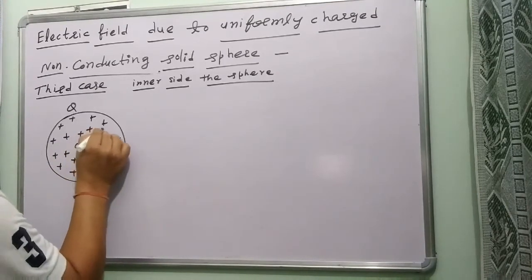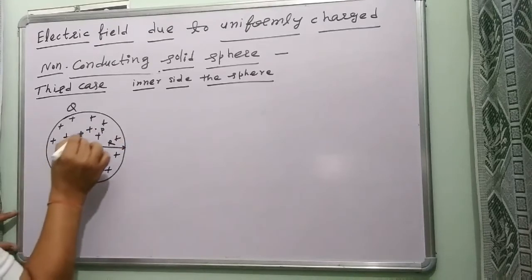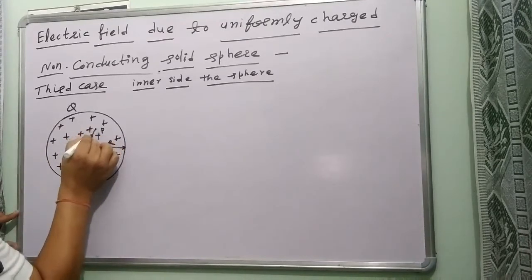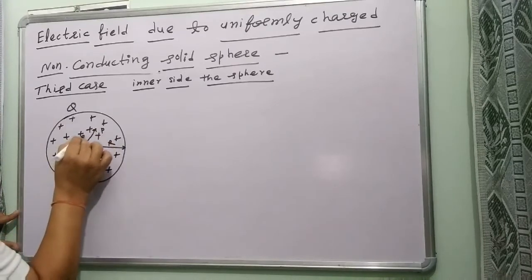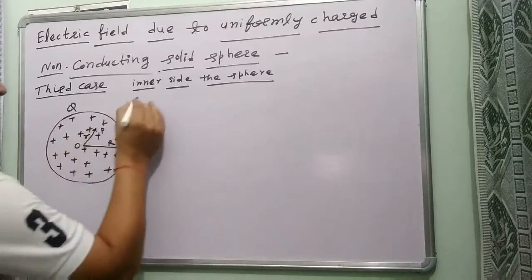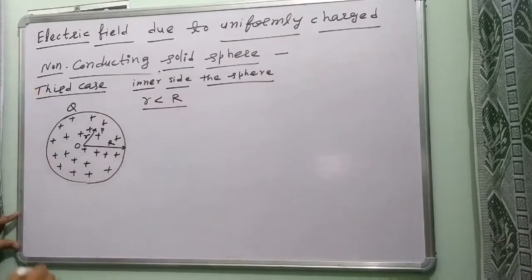This is the point P where we find the electric field. P has distance small r from center O, where small r is less than capital R.